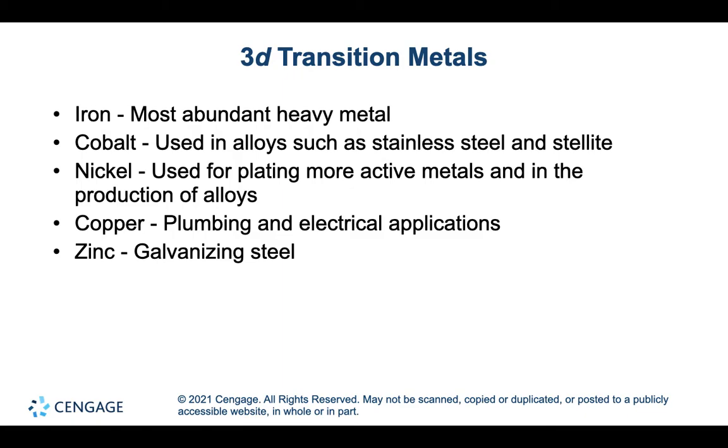Nickel, you can plate nickel on top of more active metals, and you can make alloys with nickel. Nickel plated on more active metals can keep those more active metals from corroding. Copper has plumbing and electrical applications, so we see it in copper pipes and we see it in copper wires. Zinc mainly used for galvanizing steel.